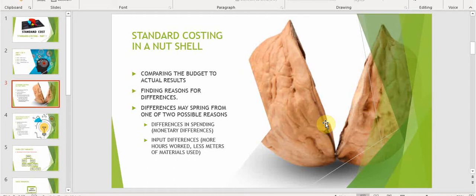That was our budget. The actual results come in, they have worked 550,000 hours. So now they've worked more than we expected. So obviously our actual results will exceed our budget, but not because we've paid them more in monetary terms, but because they worked more overtime than we planned for.